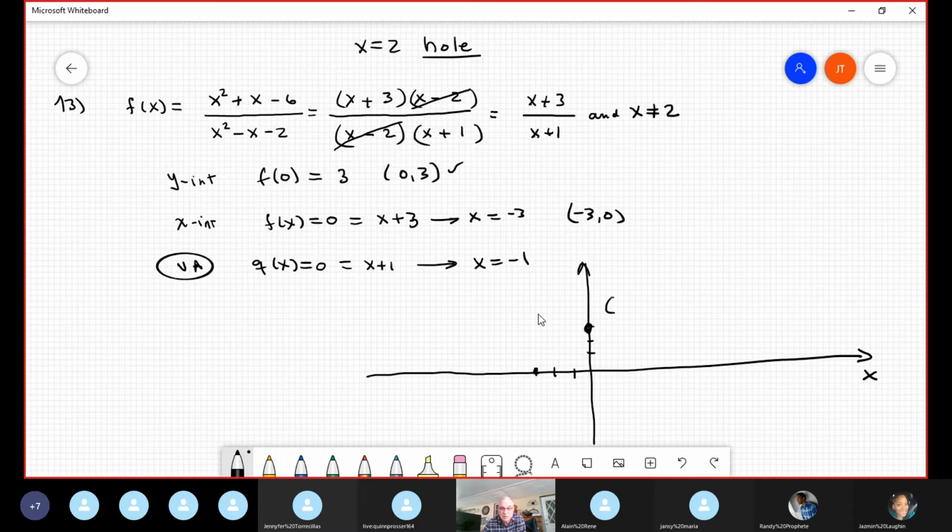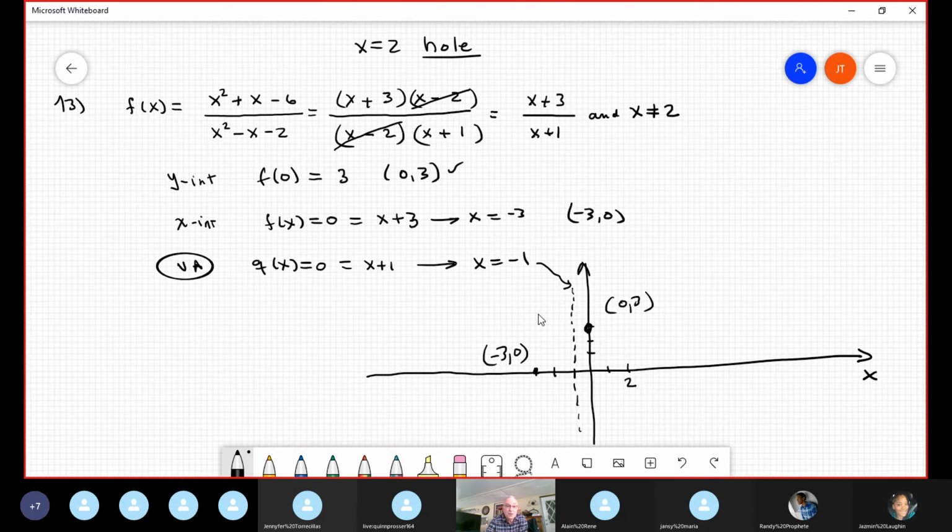We also have a negative 1 here, the vertical asymptote. And also we have a hole in 2. I don't know exactly where, but we have a hole. I don't know what the y value is. For the moment, it's not much better to do that.